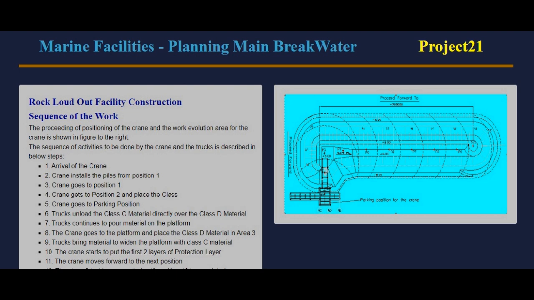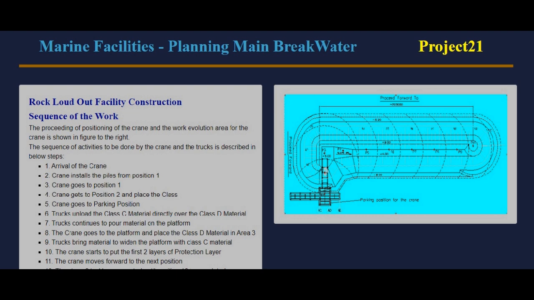After placing the material on a layer of about 1 meter, a survey is performed to ensure the correct thickness has been obtained. Trucks will be equipped with removable skip bucket, then crane places the material using skip bucket. 4. Crane gets to position 2 and place the Class. 5. Crane goes to parking position. 6.